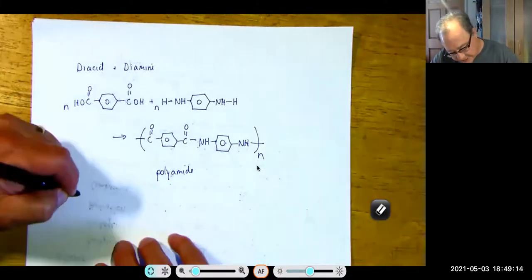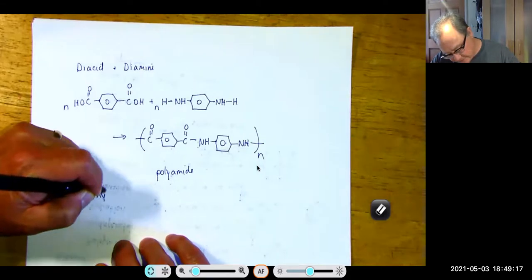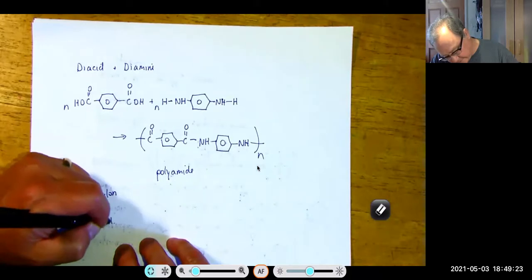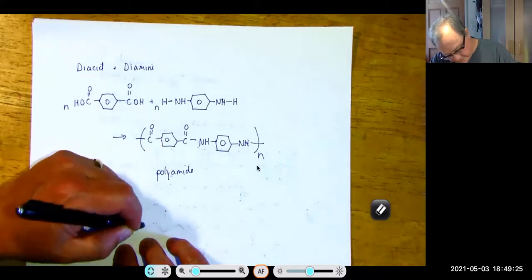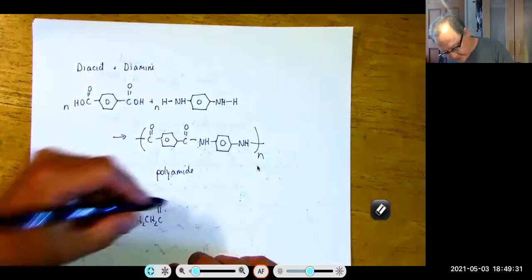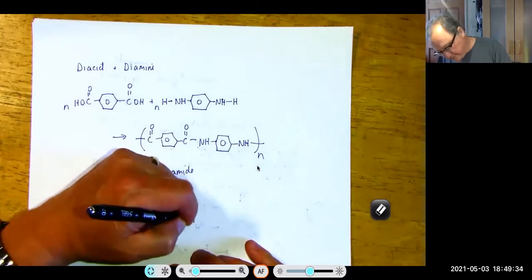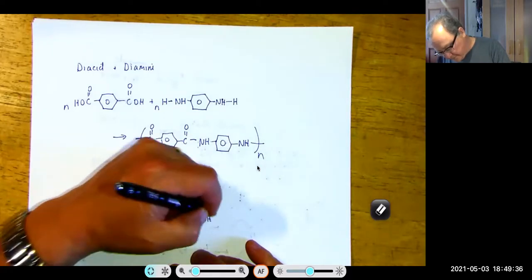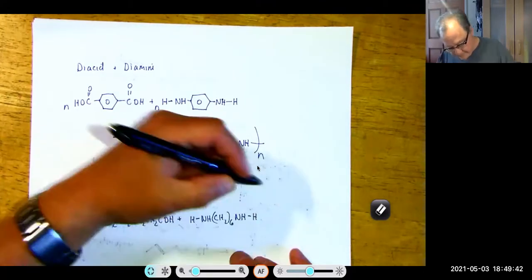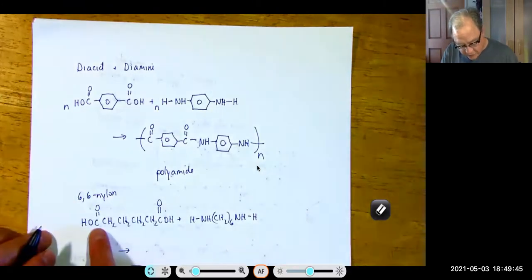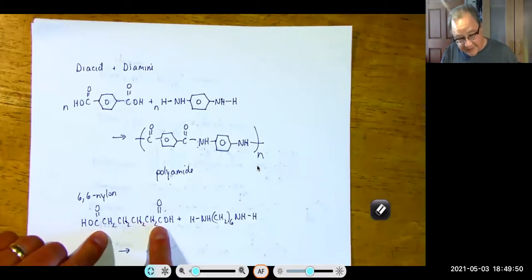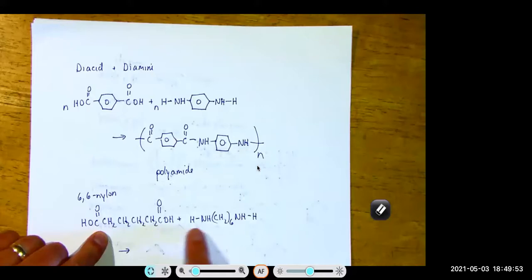Okay, so polyamides are, nylon is a polyamide. And there's something called 6,6 nylon. And what it is, it's this. And this is the stuff found in stockings. So here, do you see how there's 1, 2, 3, 4, 5, 6 carbons in the diacid? Right. 6 carbons in the diamine?